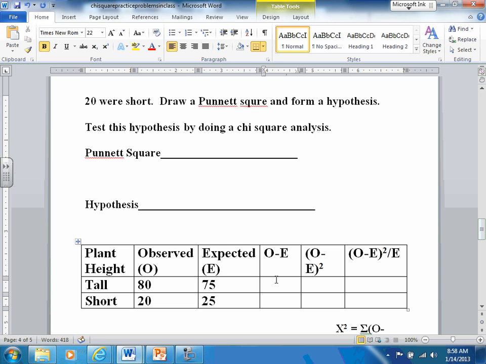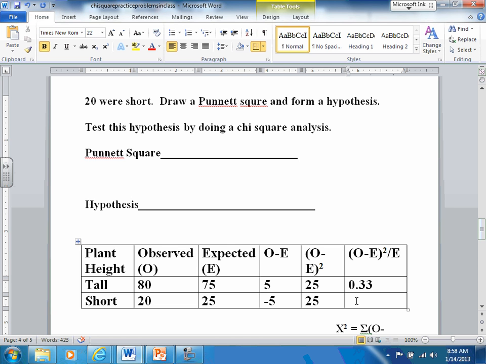Now we just fill in our table. So 80 minus 75, 5. 20 minus 25, -5. And now we square those. So 25 and 25. And in this column, that first one's going to be 25 divided by what? 75. And that's the third. We didn't need a calculator for that.